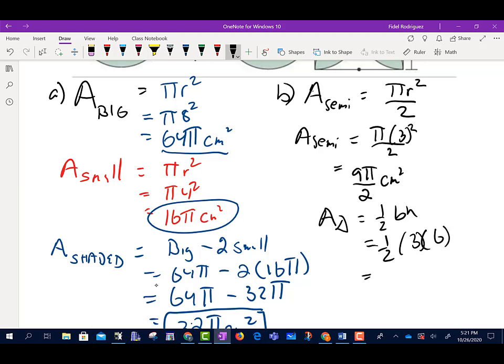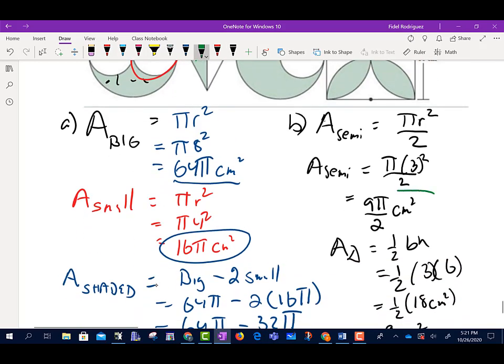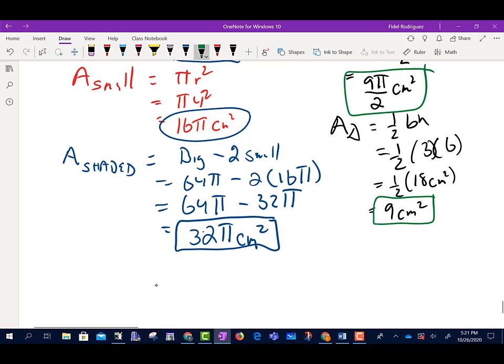So this is going to be 1/2 of 18, so 9 centimeters squared. Now again, if we want to find the area of the shaded region, the green part, we're going to take these two numbers and add them together. So we're just going to say 9 pi over 2 plus 9 centimeters squared.